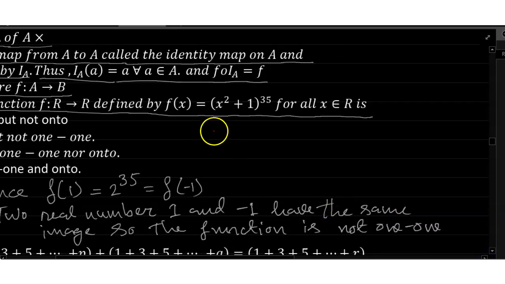Now y is equal to (x square plus 1) to the power 35.